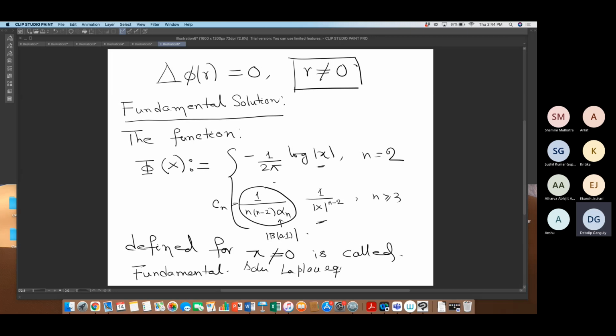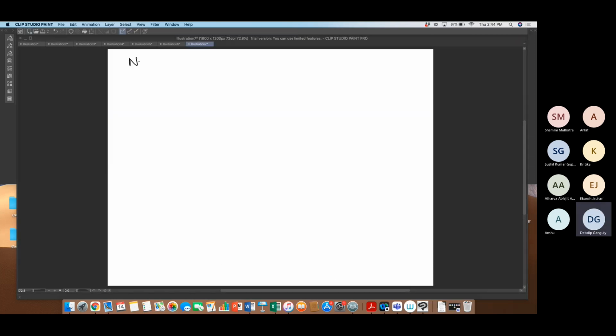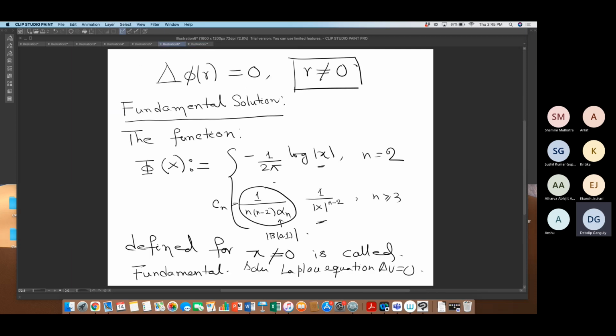Laplace equation means Laplacian u equal to 0, namely Laplacian of this phi of x is equal to 0 for x not equal to 0, and phi is given by this, for n equal to 2 and for n greater than 2.